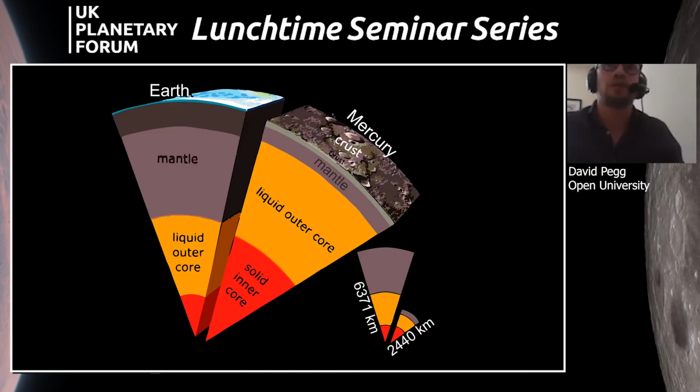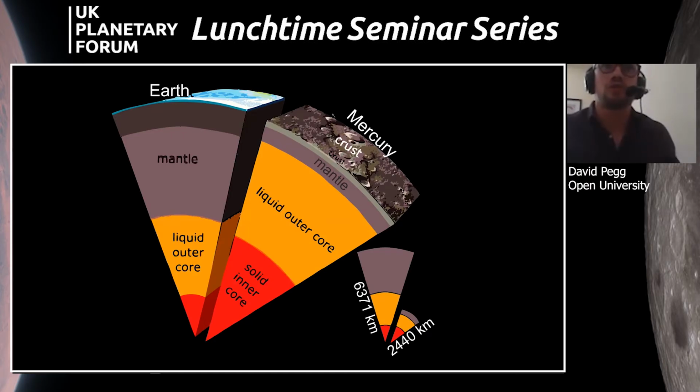Mercury's silicate mantle and crust are very thin in comparison, no more than a couple of hundred kilometers, compared to Earth's mantle, which is several thousand kilometers thick. And so it's a much larger ball of metal, and that's what enables it to generate a magnetic field, even though it's so small.